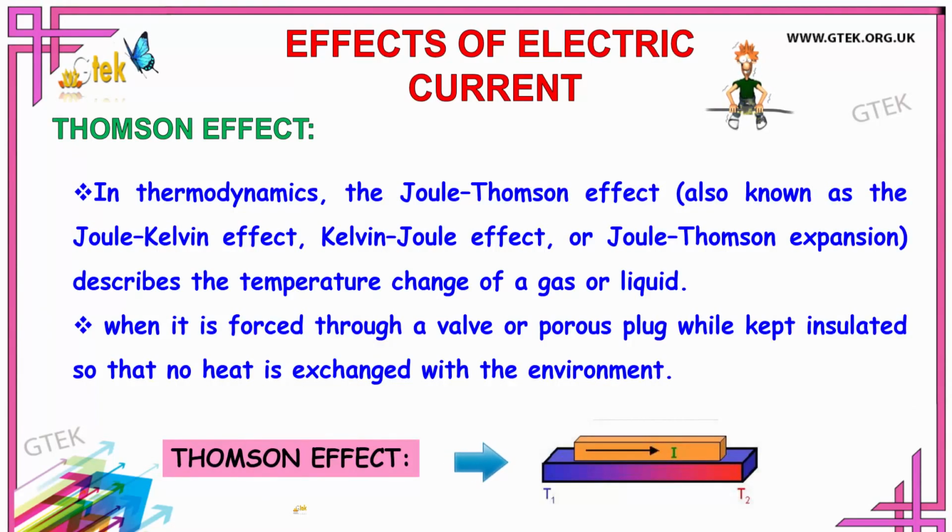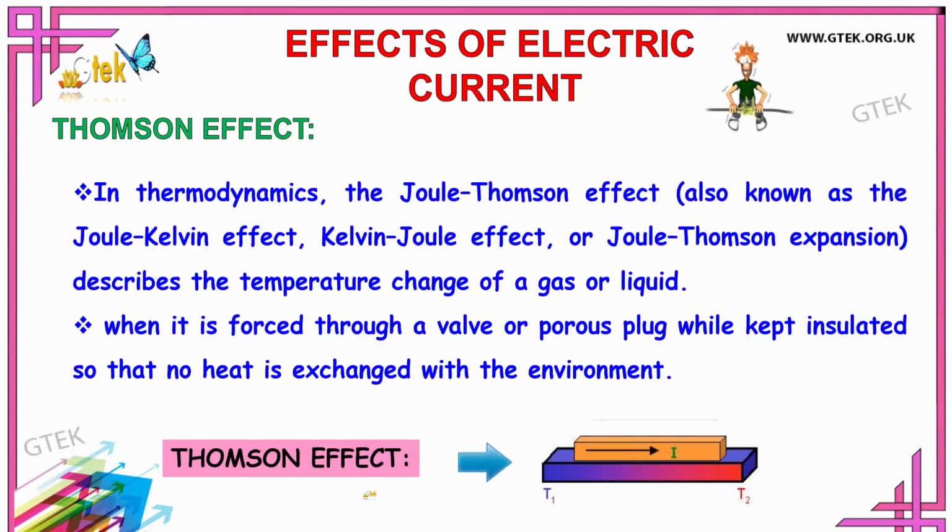Now let us see about the Thomson effect. In thermodynamics, the Joule-Thomson effect, also known as the Joule-Kelvin effect or Kelvin-Joule effect or Joule-Thomson expansion, describes the temperature change of a gas or liquid when it is forced through a valve or porous plug while kept insulated so that no heat is exchanged with the environment.